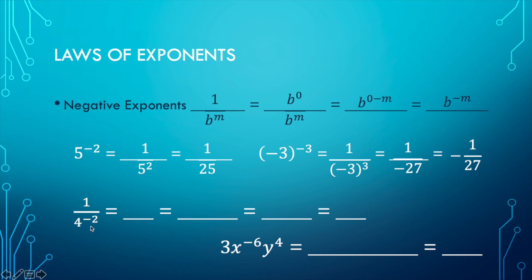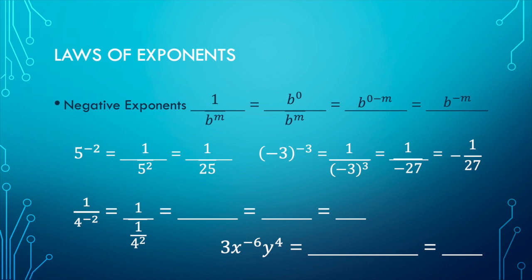Oh, here's one. Ooh, this is a little tricky. I have a negative exponent, but it's in the denominator. Okay, well, no worries. I'm just going to think about this separately. This is 1 over 4 squared, right? But this 1 is on top of it. So I've got this 1 on top, and then I've got 1 over 4 squared. It looks complicated, and in fact it's called a complex fraction because it's a fraction within a fraction.